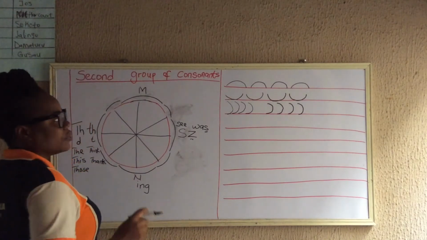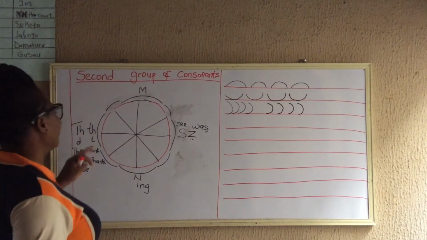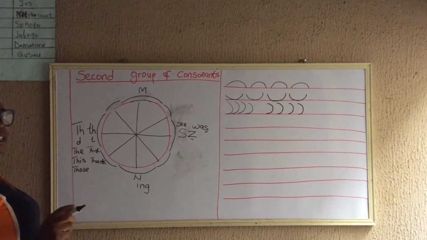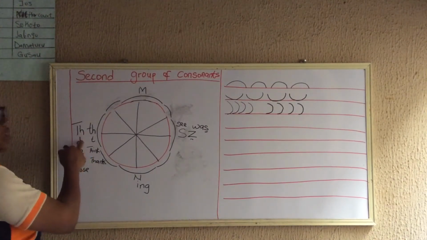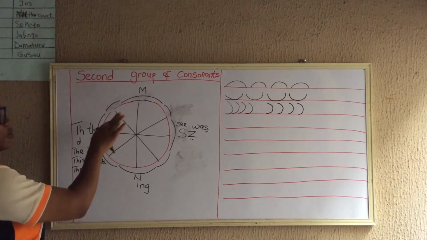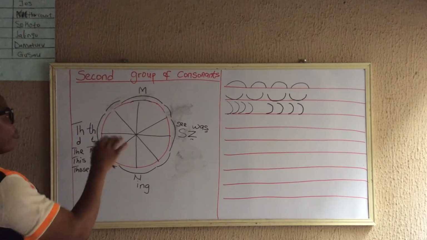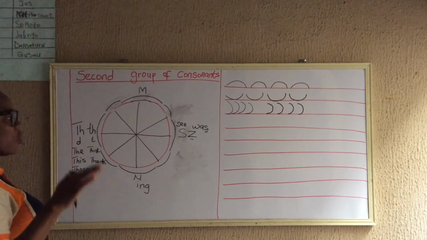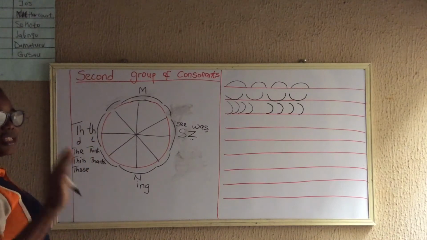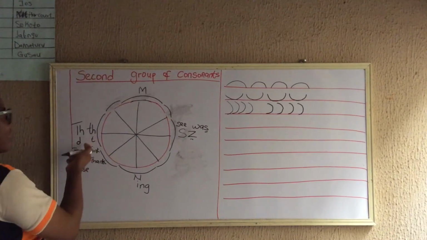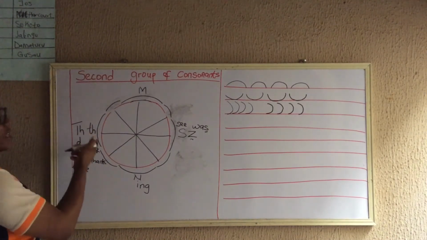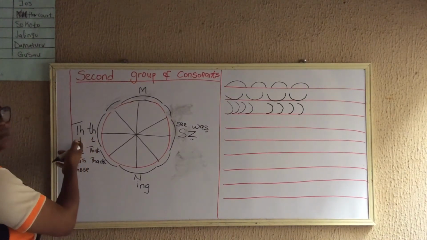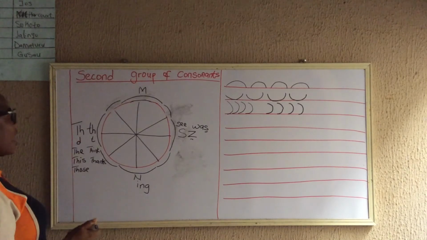Alright. Now coming to the other side here. My TH, the one that sounds D. If you go back to the first group of consonants, your PB, TD, you can see that your T there is light, while the D is dark. Then here, the one that sounds like T is light, while the one that sounds D is dark.